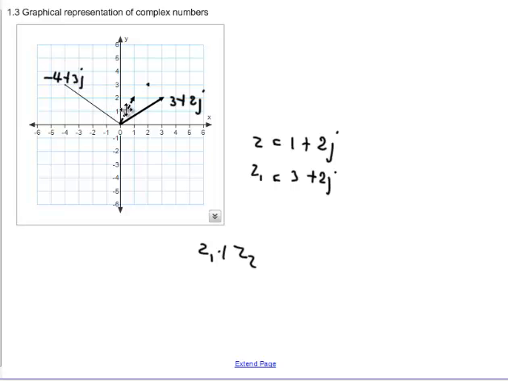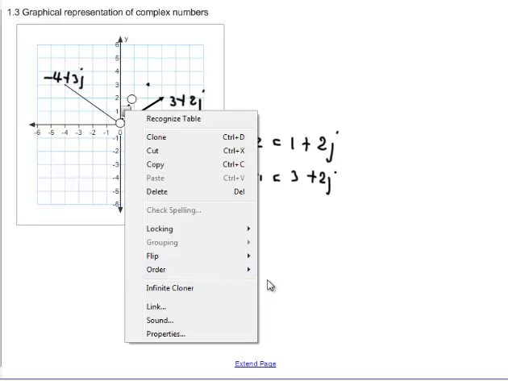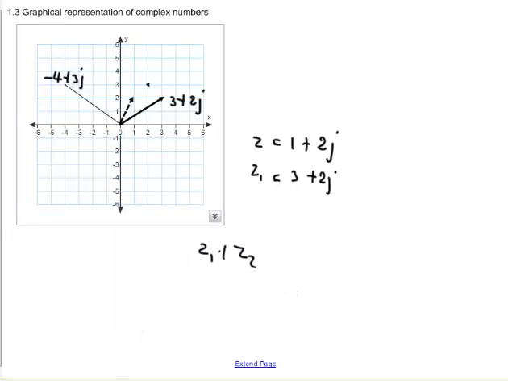I'm trying to move this vector, but I don't know why it's so difficult. Let me reproduce that vector, because it doesn't want to move. It's 1, 2, so that vector will go that way. Do you agree?